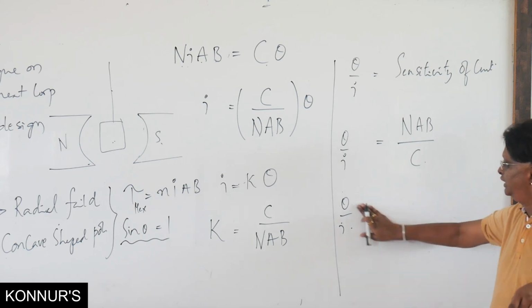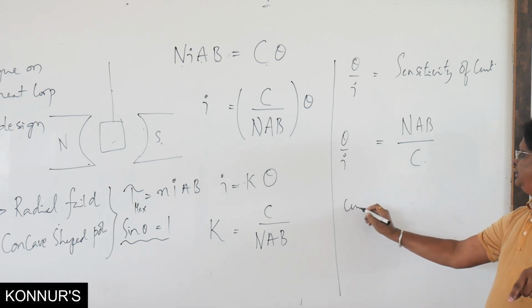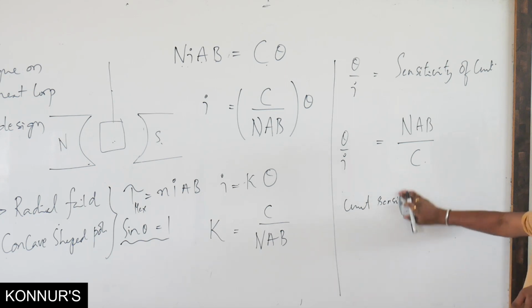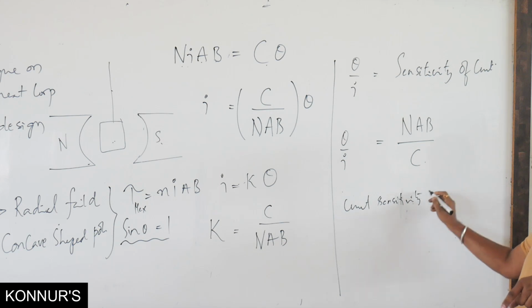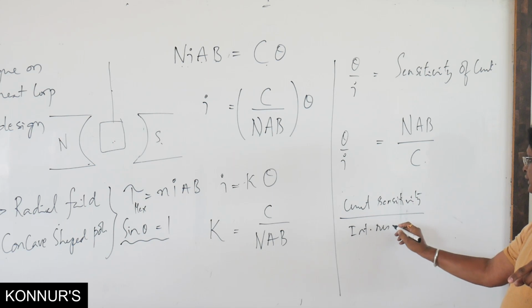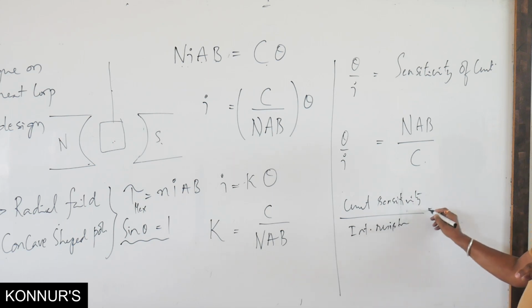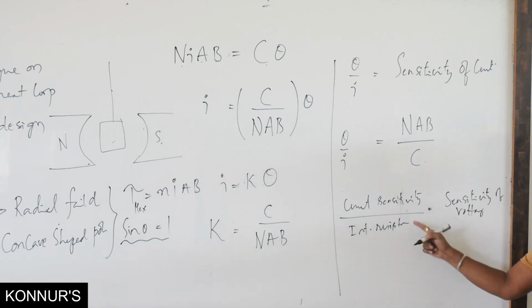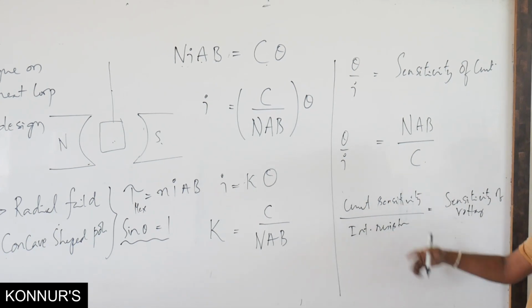Therefore, current sensitivity by internal resistance will give you sensitivity of voltage. Please remember, it is not multiplying with internal resistance, but it is 1 by internal resistance of the current sensitivity that is giving you voltage sensitivity.